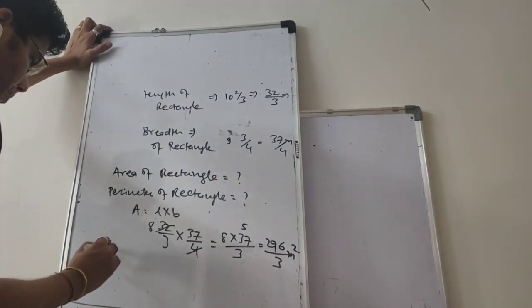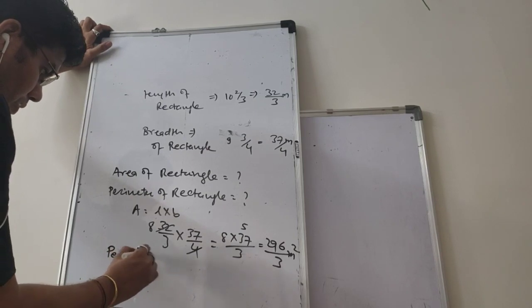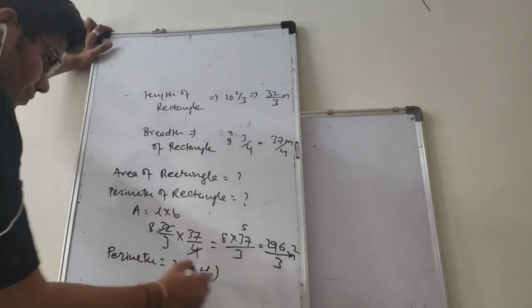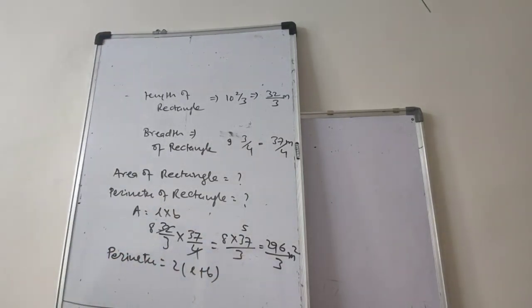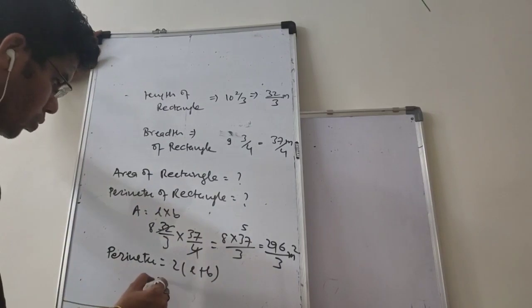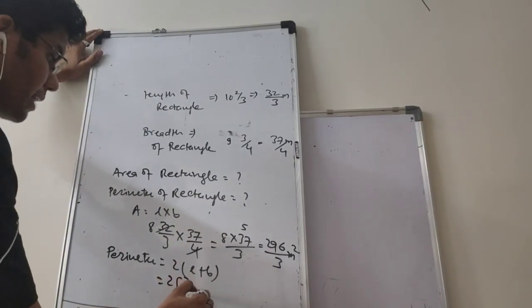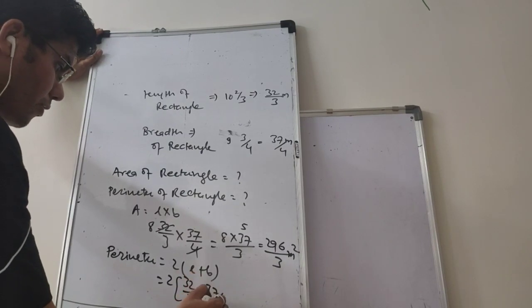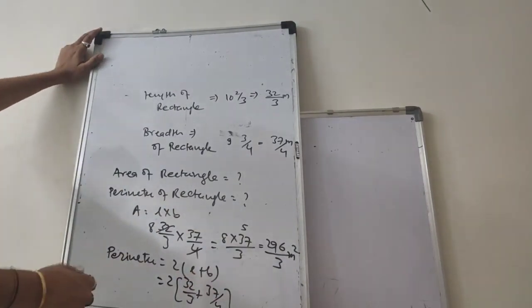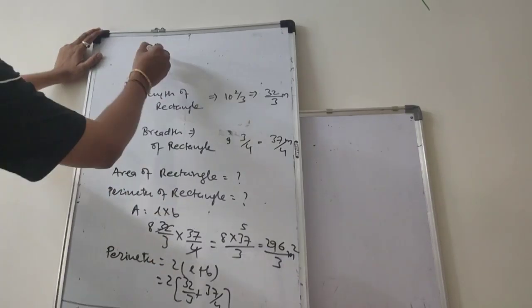Now the perimeter of the rectangle is 2 times L plus B. Okay. So 2L is 32 by 3 plus breadth is 37 by 4. Now we first take the LCM of 3 and 4, that is 12.